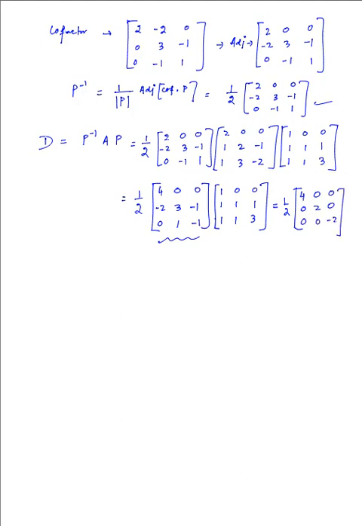You can correct me if I'm wrong in some places, but this is coming out to be a diagonal, a very good diagonal. So this is obviously mostly the answer that we were looking for. We have diagonalized the matrix. This is the final diagonal matrix that we are looking for.